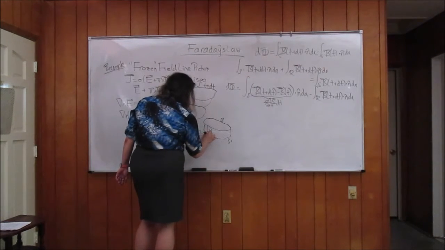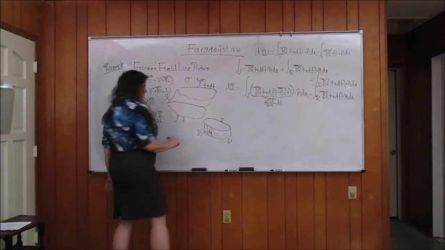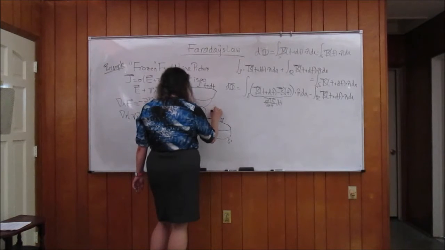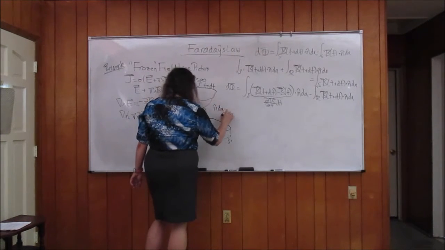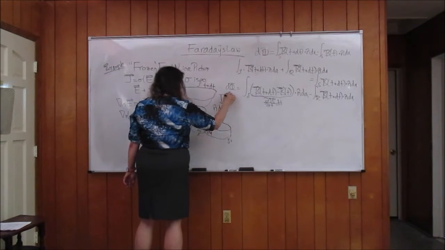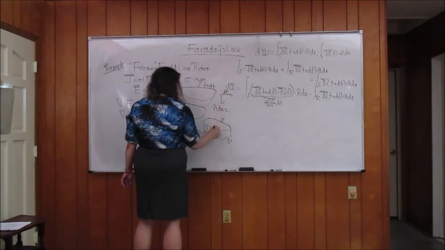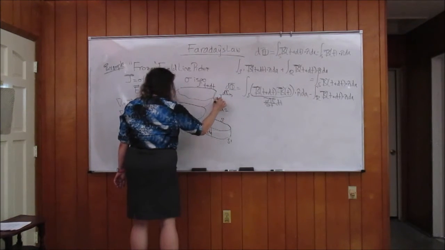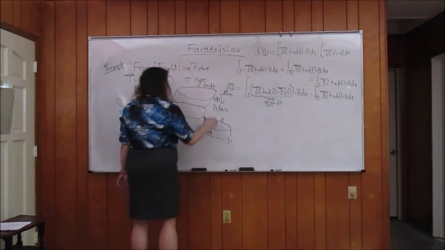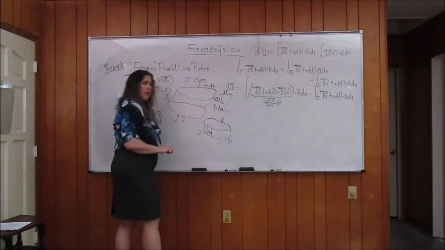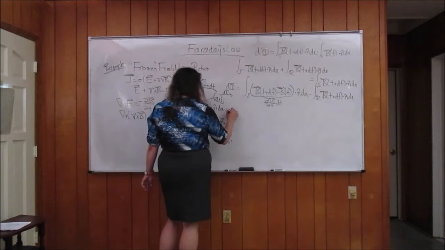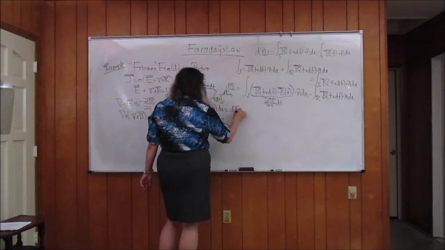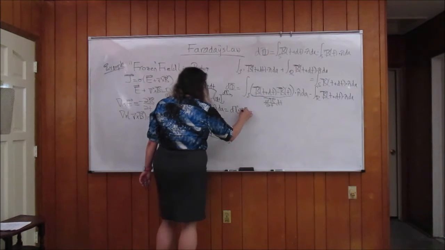And we're interested in this little differential area here. This is dl, and this is v dt. So the surface element is equal to dl cross v dt.